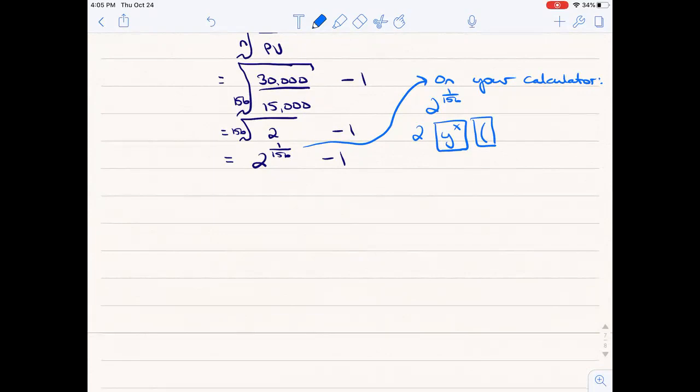So bracket 1 divided by 156, and then close that bracket, and then equals. You have to hit equals, otherwise it'll just show 1 over 156, which isn't what you want, right? And so we have 2 on the screen, the y to the x button, and then in brackets, I'm going to do 1 divided by 156, close that bracket, and then equals. And so I get 1.004453137.